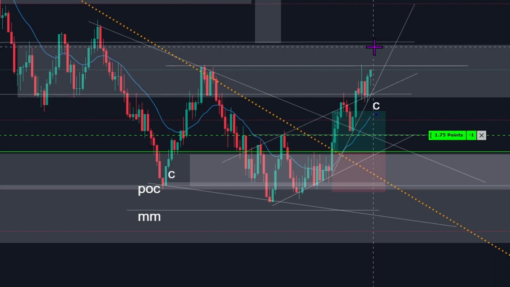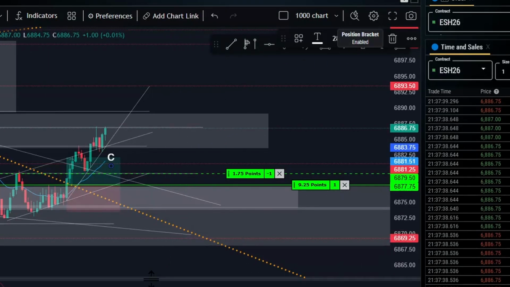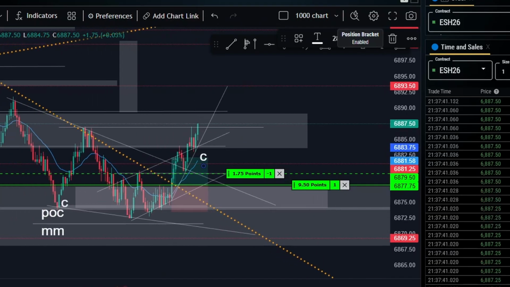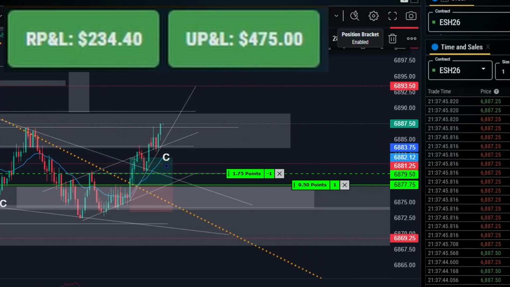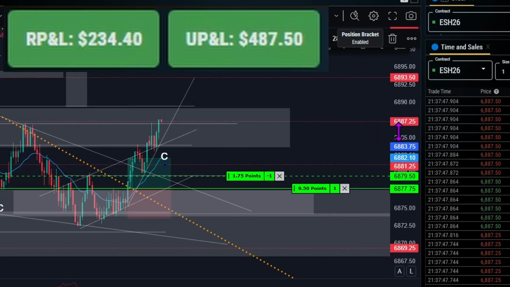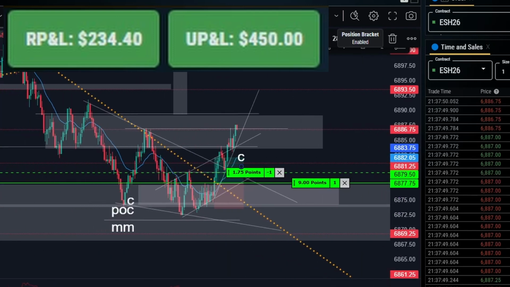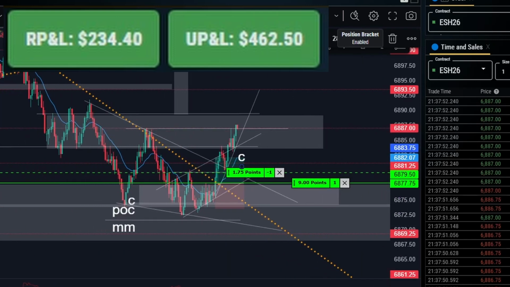and we'll see. Sometimes it goes straight to the previous swing high, so could be a great run now.